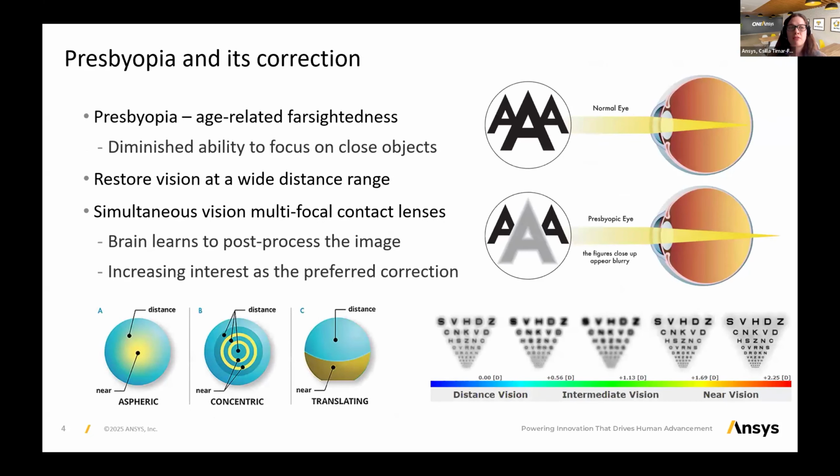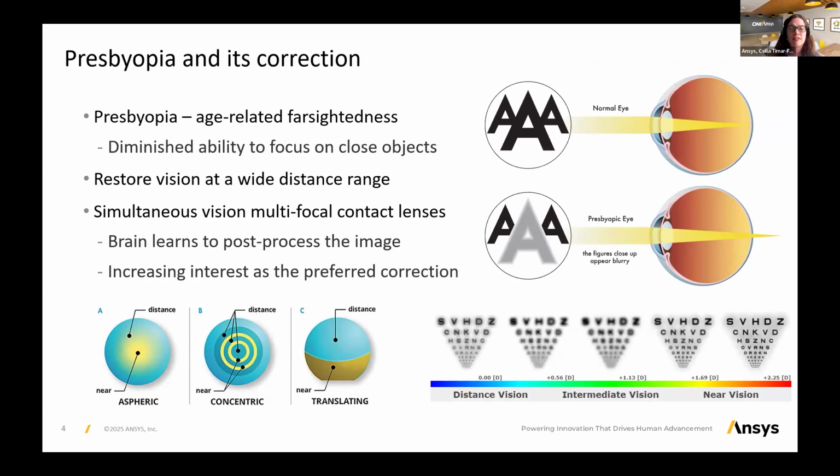In the specific case of presbyopia, the eye loses its ability to focus to close object distances due to aging. What that means is that patients need a good way to restore the vision quality at a wide object distance range.